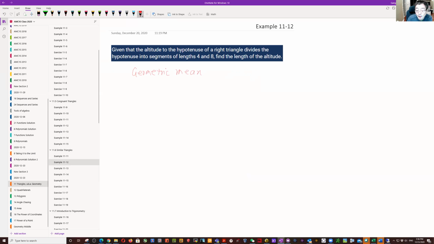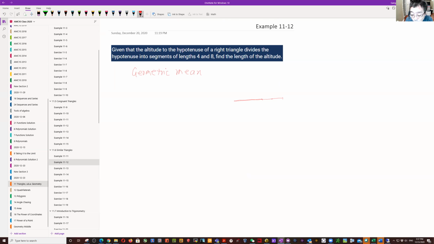We have been able to construct a geometric mean with a circle. For example, if you draw one line and then draw the second line overlapping it, extending the longer one here, you don't have to use this as a diameter.